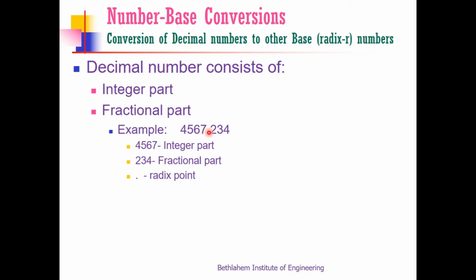Is it clear what the integer part and fractional part are? The integer part represents the number before the radix point or decimal point, and the fractional part represents the number after the decimal point or radix point.